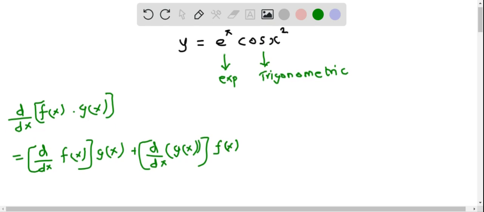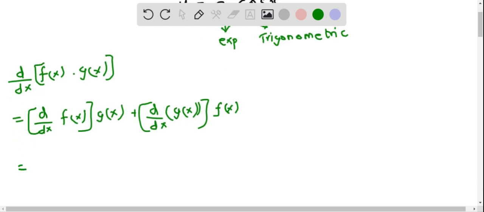In short form, this is f prime of x, the derivative of f of x, multiplied with g of x, plus g prime of x, the derivative of g of x, multiplied with f of x. Basically, you find the derivative of one function and multiply with the other function, plus find the derivative of the other function, which you have not differentiated in the first term, and multiply that with the first function. So this is the product rule.